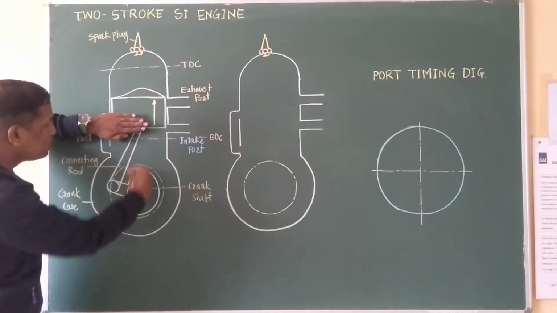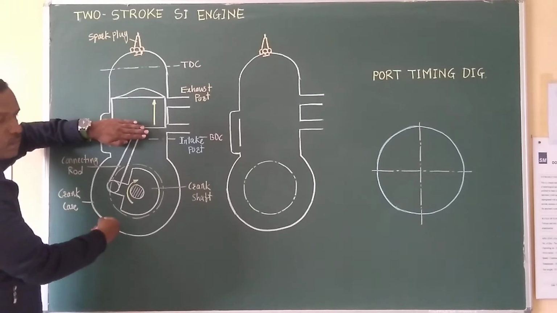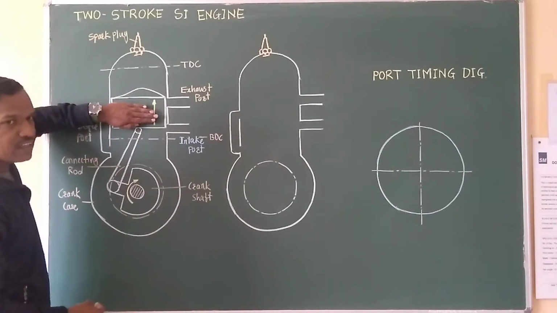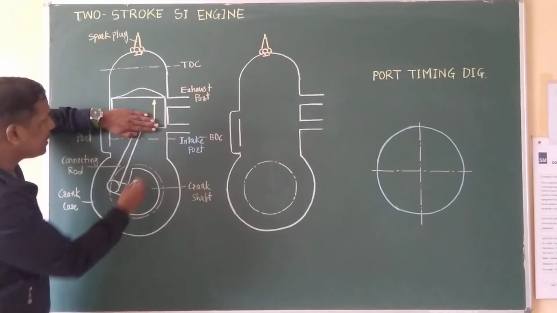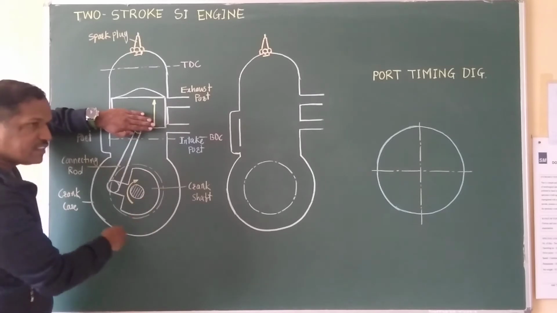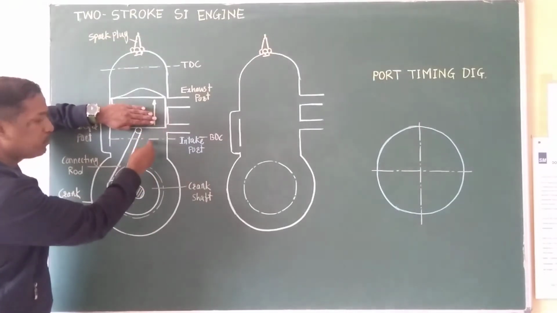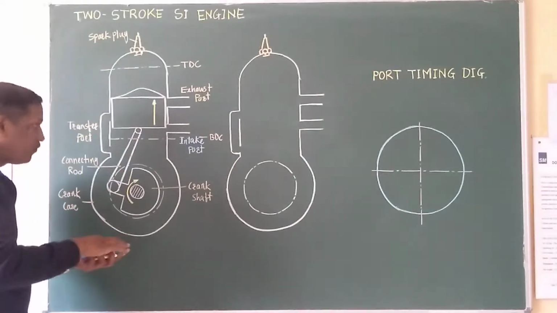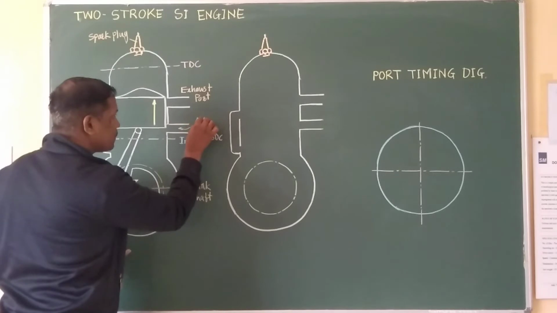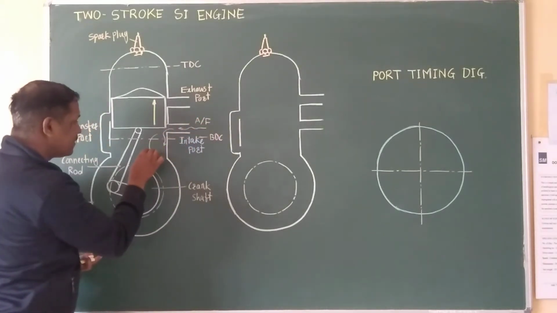That means ultimately this transfer port is closed. At this position this transfer port entry is closed, and this is also closed, but during this movement negative pressure is created in the crankcase, and with further upward movement of the piston, as soon as it uncovers this intake port, there is already a negative pressure.